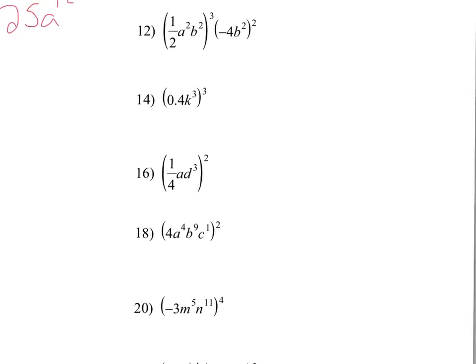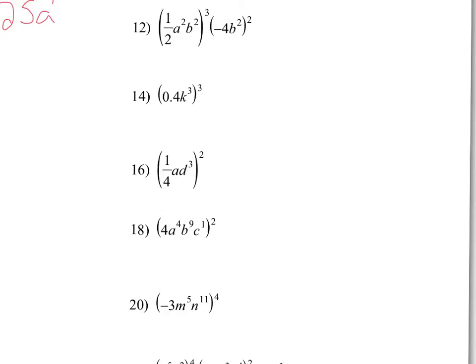Next one's number 16, same idea, but we have a fraction. Again, it's a monomial being raised to a power, so we distribute that, but we also distribute it to the denominator. Everything gets affected by that power. So when we do that, we'll have 1 squared over 4 squared.